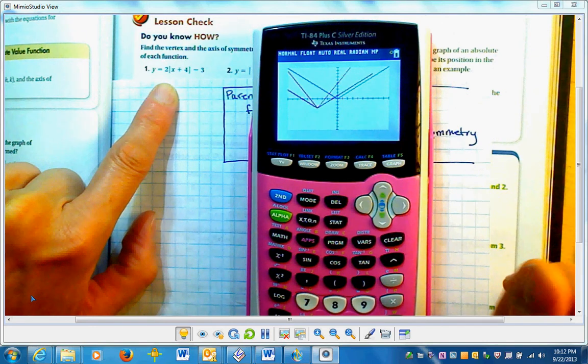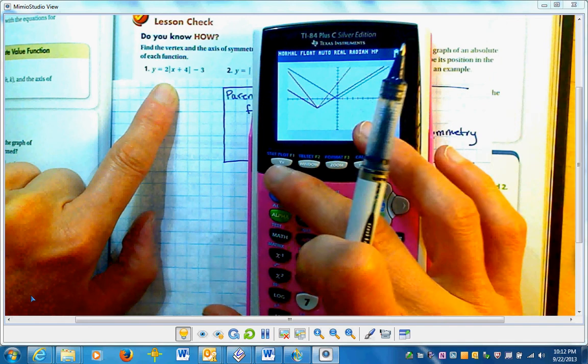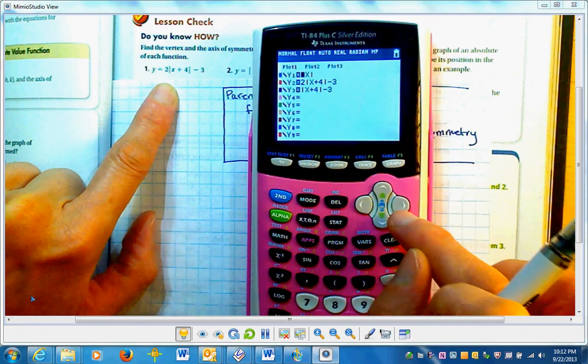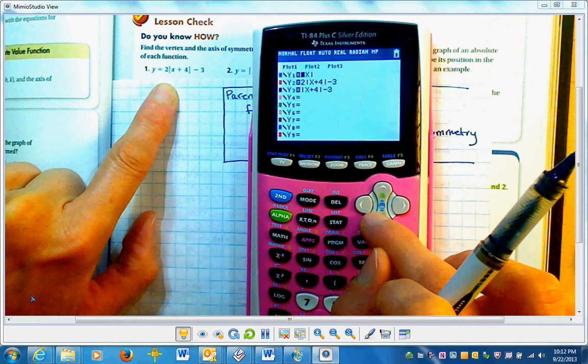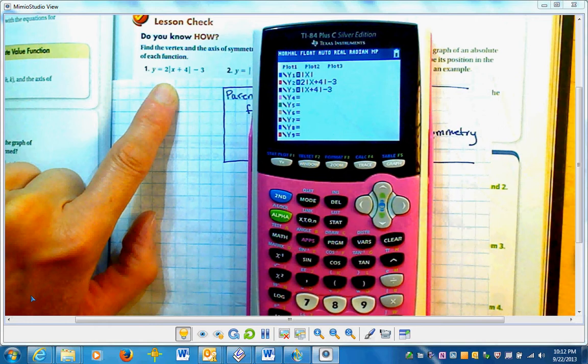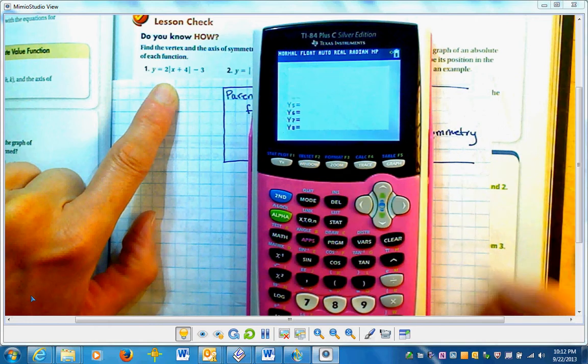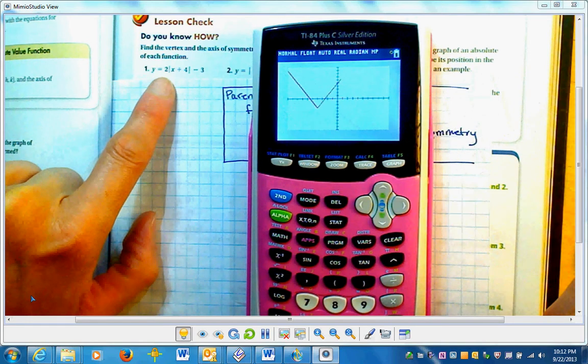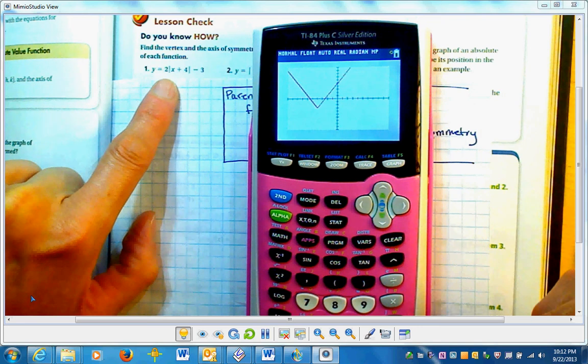Okay, so what do you notice? I'm going to turn off our parent function for a minute. So I'm going to go up to parent function, my equal sign, unselect that. So my parent function isn't there anymore. So what's graphing right now is what's in the book, and what is graphing right now is without the 2 in the front.